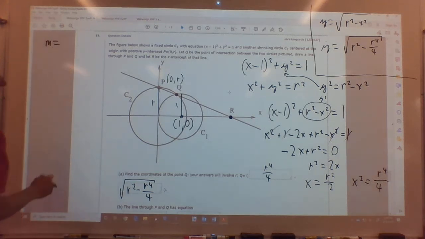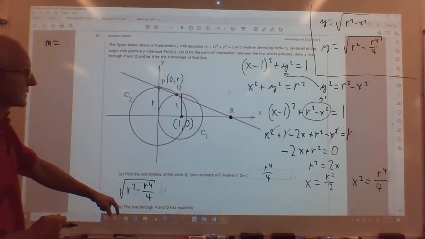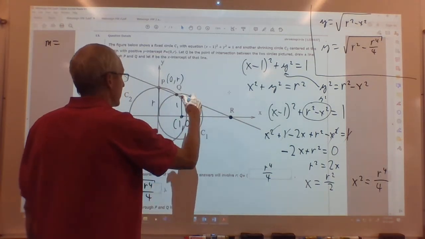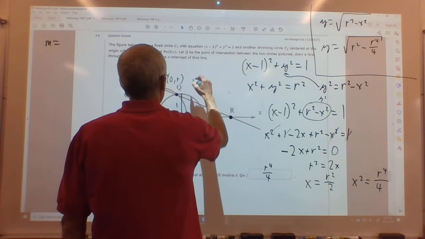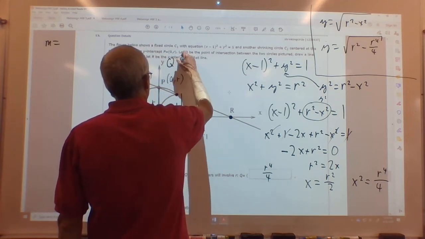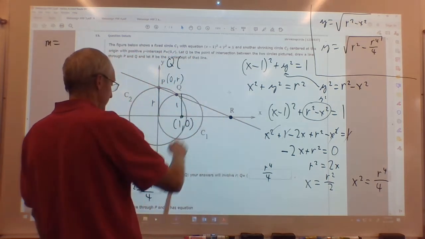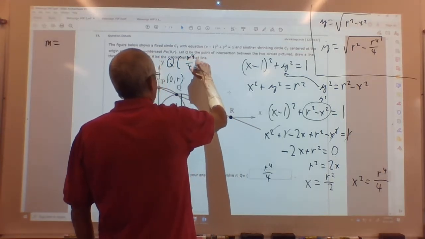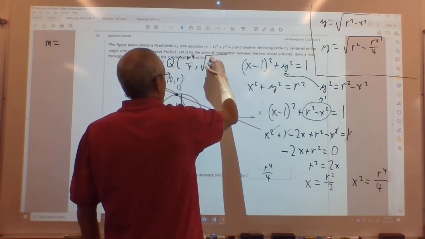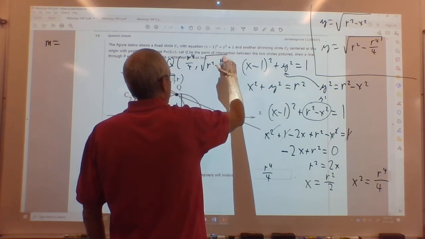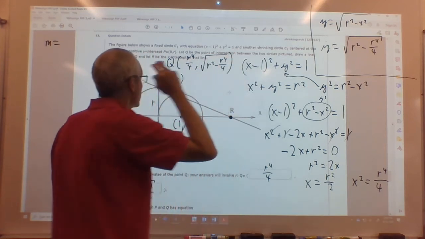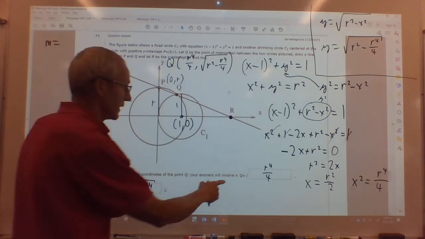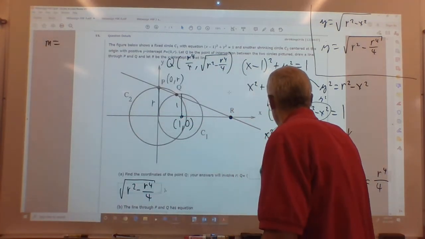So the slope m is the difference in the y value. Our 2 points are (0, r) and point Q, which I'll write right here. Point Q, its x value is, oh, sorry, x is r squared over 2.